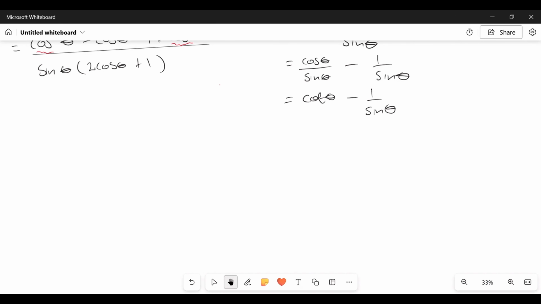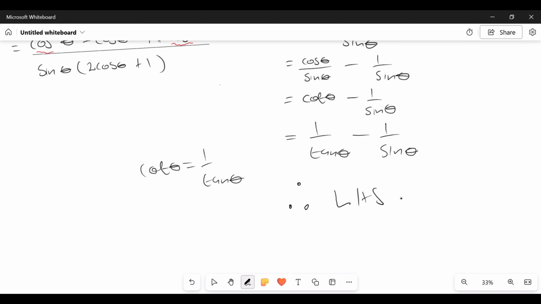What is cot, by the way? If you still remember the reciprocals or the inverses, cot is 1 over tan. So we can rewrite this as 1 over tan theta minus 1 over sine theta. You can say, therefore, left hand side is equal to right hand side.